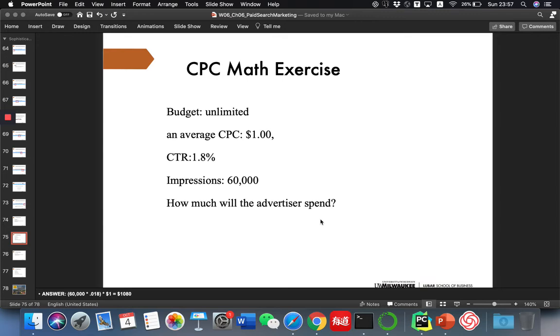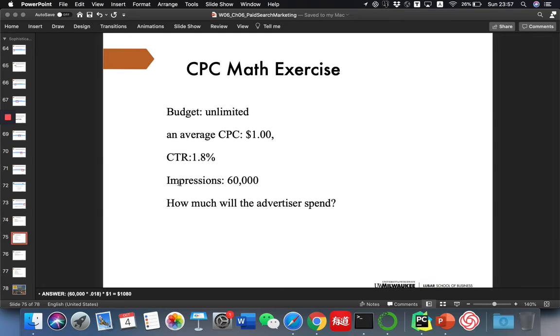Okay. So first of all, impressions. You do not need to pay for impressions here, because here we use CPC as the cost metric. So we only care about the number of clicks.